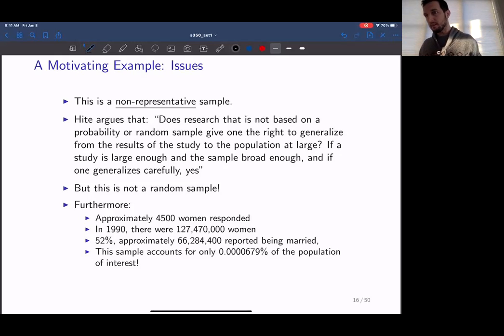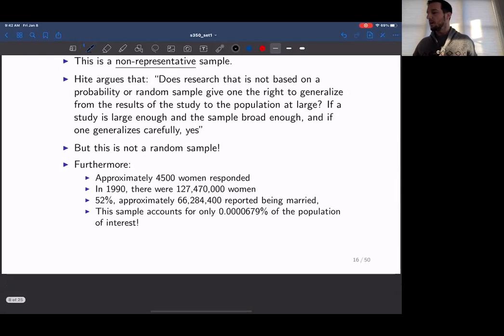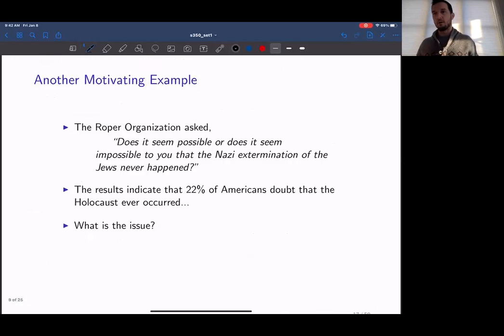Okay, so in this illustration, I think the point that I'm trying to make is fairly clear: we have to be careful about how the sample is collected, and we need to ask where the information came from. Now, another illustration where things can go awry is even in very simple surveys.